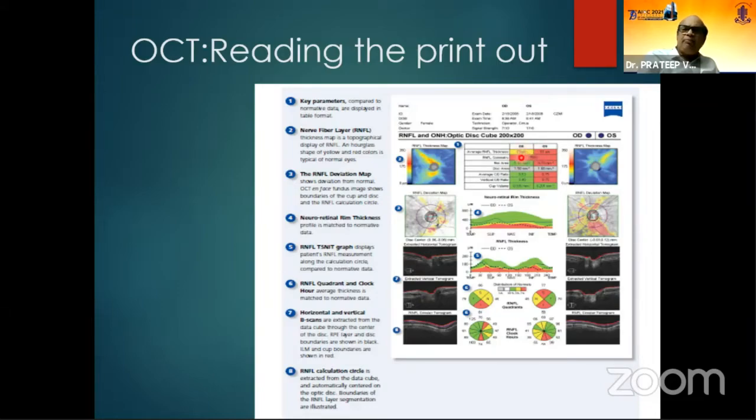The yellow is P less than 5%, and the red is P less than 1%. And in this graph, the Disney curve is plotted, where the right and the left eye are compared, so you can see how much symmetry there is between the right and the left eye.